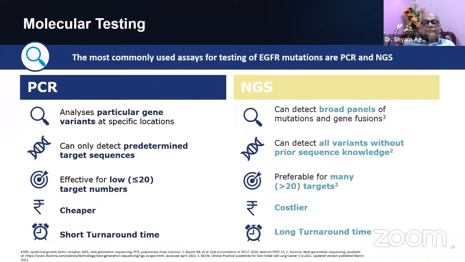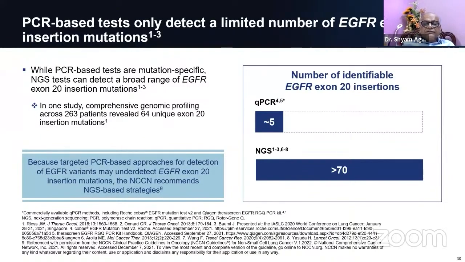Next slide. So the importance of NGS lies here, as you can see, that the pickup rate for EGFR exon 20 insertions is more than 70%. And therefore, a targeted PCR-based approach for detection of EGFR variants may underdetect EGFR exon 20 insertion mutations, and the NCCN recommends NGS-based strategies.